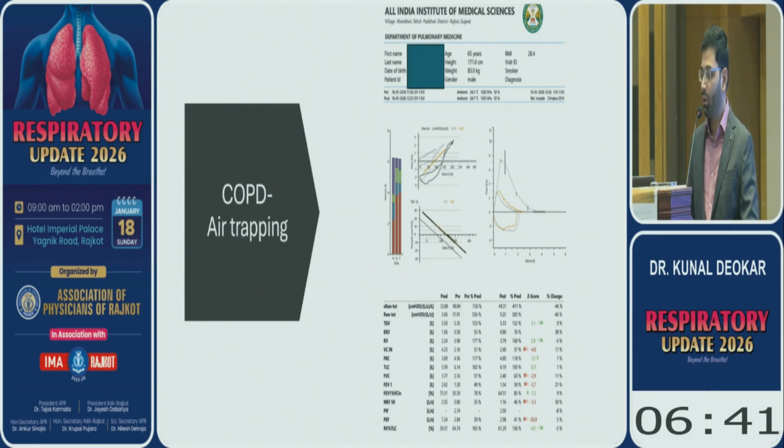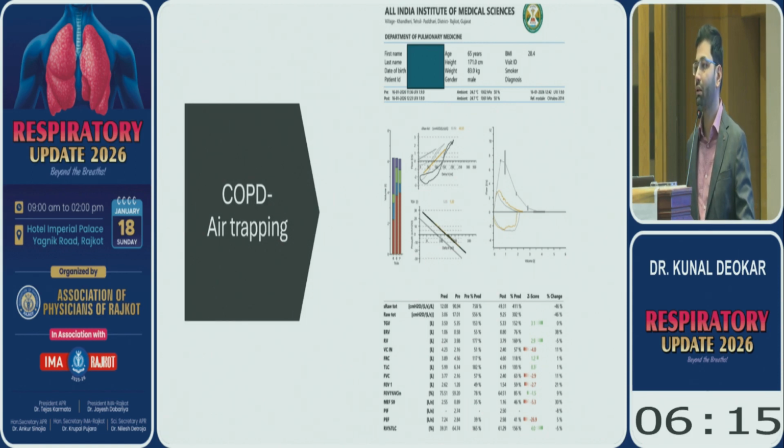So what you want to look for? TLC, total lung capacity. For all practical purposes, 80 to 120% of predicted is normal. So anything less than 80% of the predicted is restriction. So if you see TLC is 102% predicted. In spirometry, we said obstruction with possibility of restriction, but on body plethysmography, we see that TLC is 102%, so it is normal.